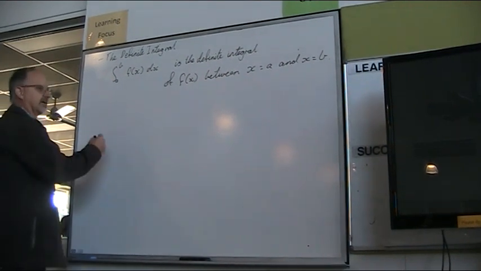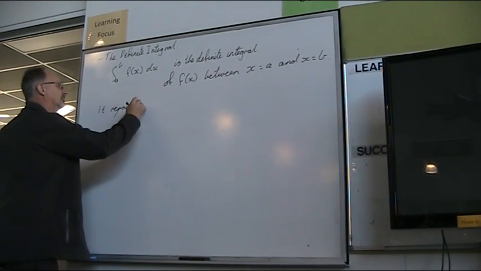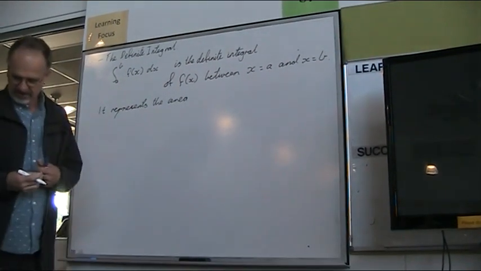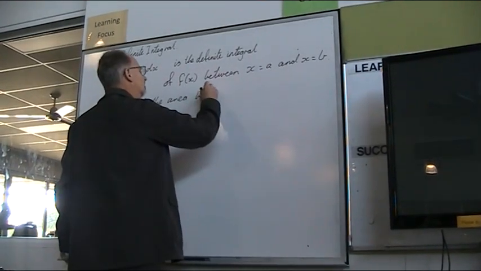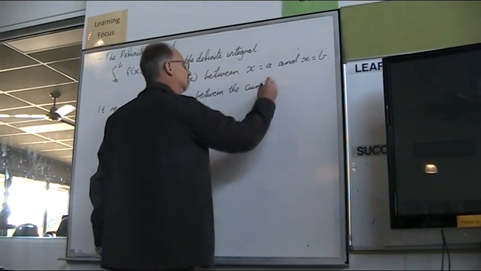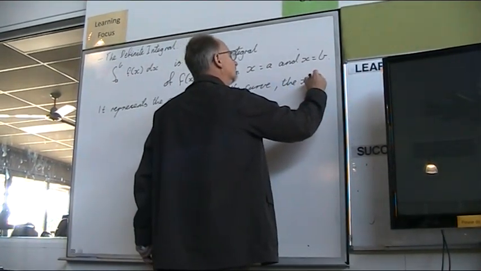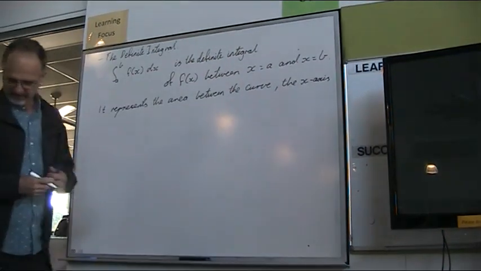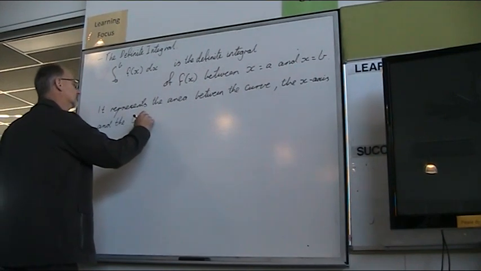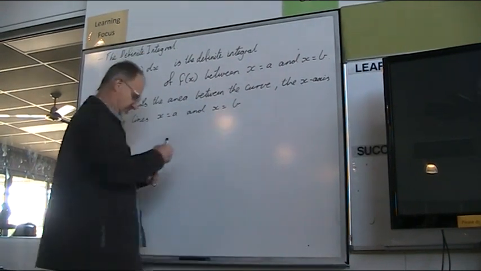What does it represent? Okay, so it represents the area between the curve, x-axis and the lines x equals a and x equals b.